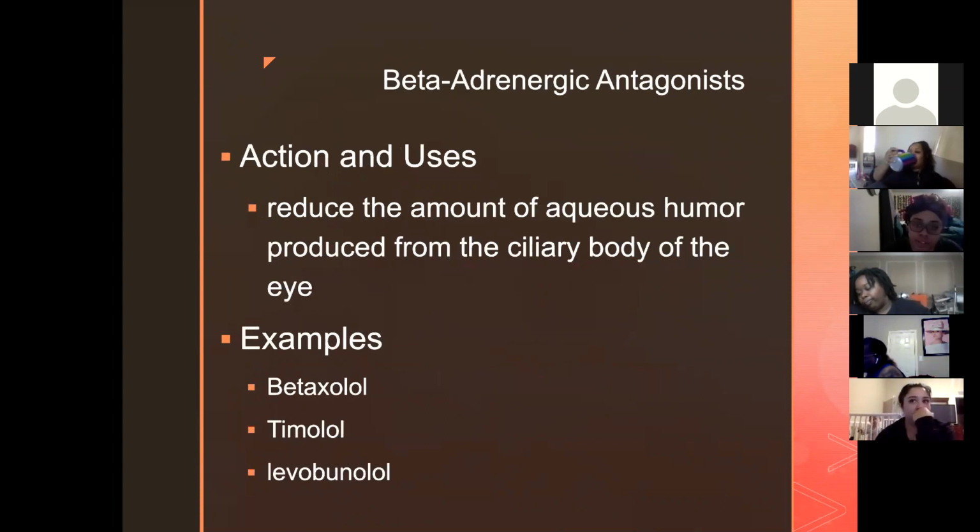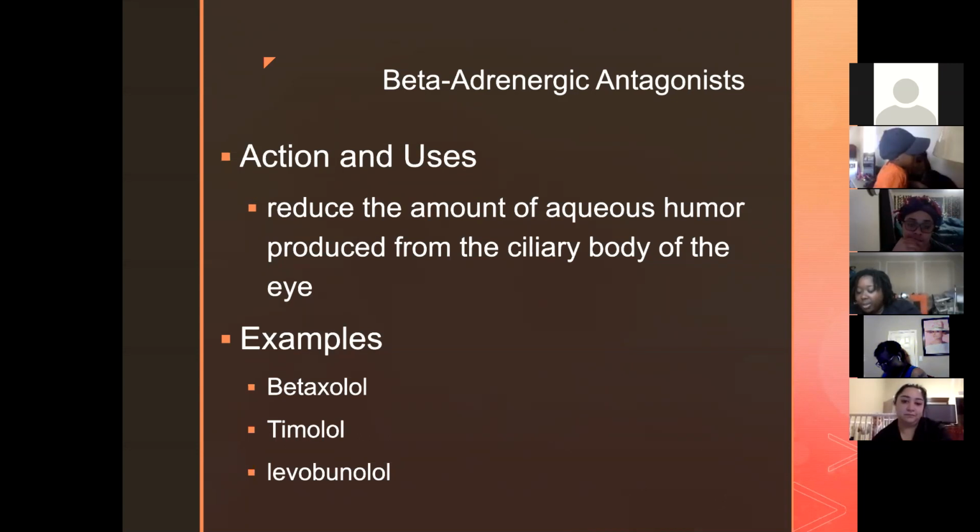All right. Then we have the next class of meds for ophthalmic drops, excuse me, beta adrenergic antagonists. All right. And these are used to reduce the amount of aqueous humor that's produced from those ciliary bodies in the eye. So these are the LOLs, all right? So betaxolol, timolol, and levobunolol, all the LOLs, right?